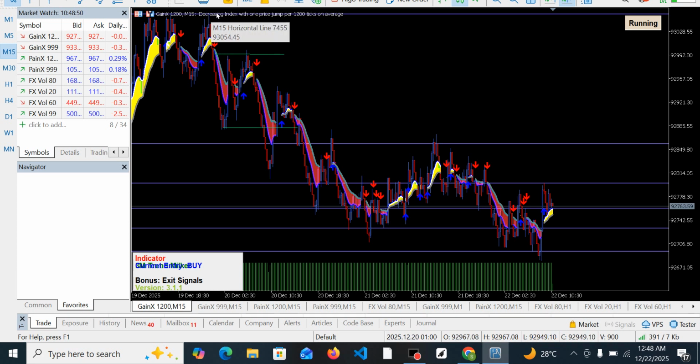Since it is finding difficult to break out above the resistance zone, and it is switching from an uptrend into a downtrend, then definitely I have more belief in it that it's going to follow the new trend for a very long time, and that is what we are actually experiencing around here, guys.